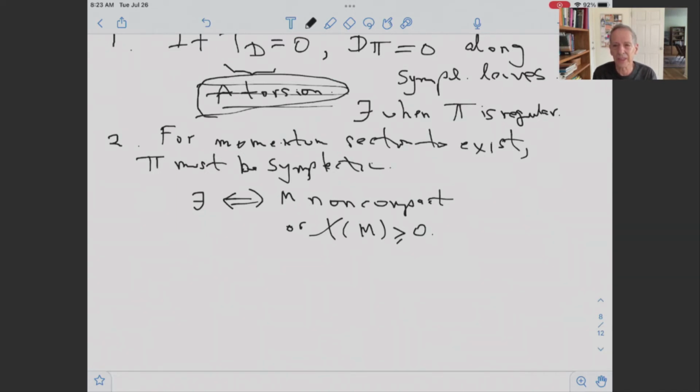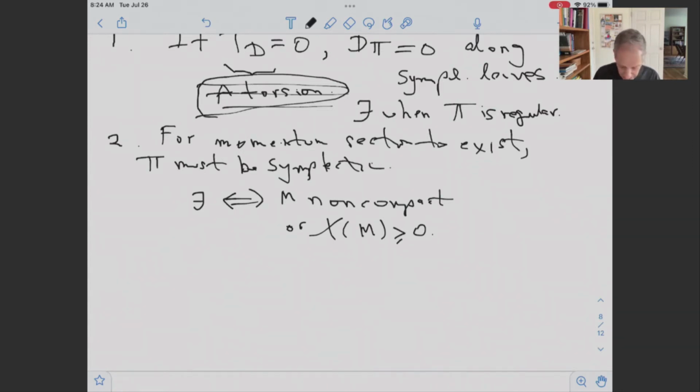In fact, we can even fiddle it so that the zeros of the vector field all look like the natural Liouville vector field on Euclidean space. And in that case, we can find a connection, building it up locally, such that d pi is equal to 0.